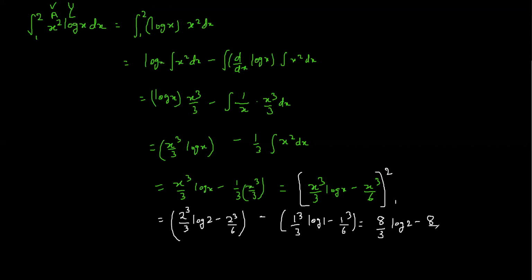And you know log 1 is 0, right? So this is 0, because log 1 is 0 and anything multiplied with 0 is 0, and when you open the bracket, minus minus becomes plus.